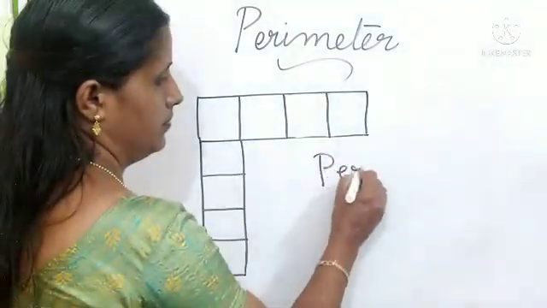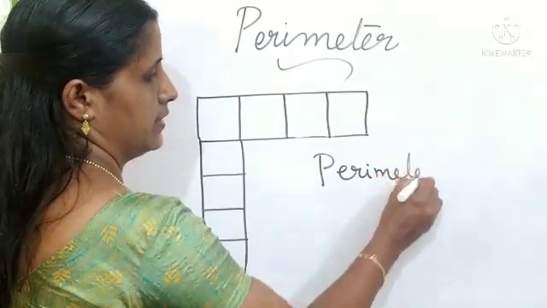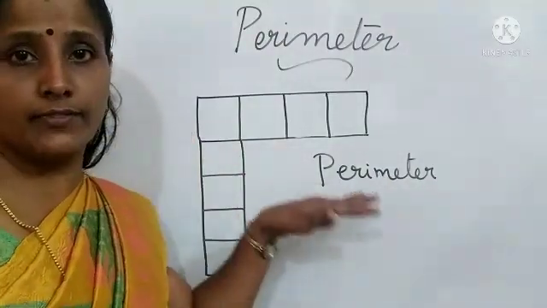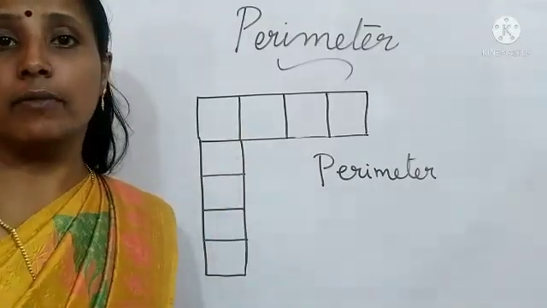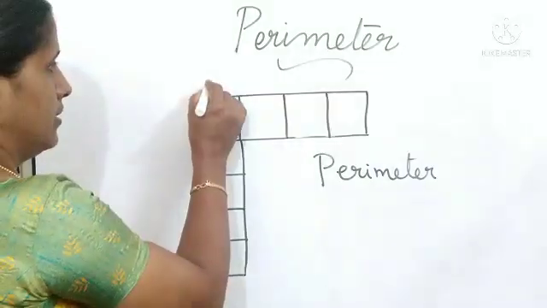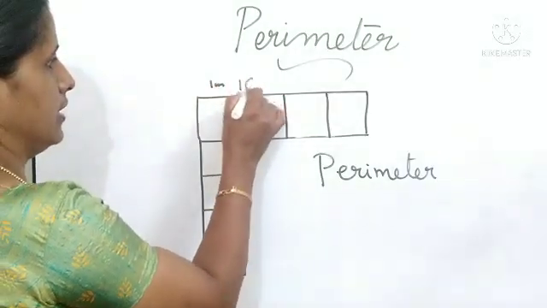Perimeter is equal to, yes, we measure the boundary of the given figure. How can we find out the boundary of the given figure? So here 1 centimeter. Here also 1 centimeter.